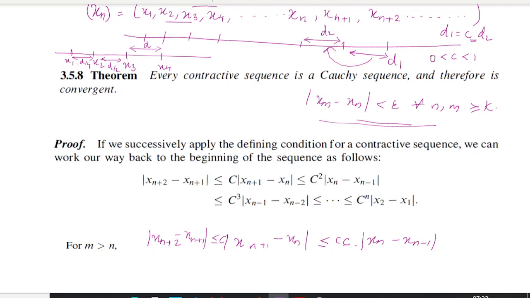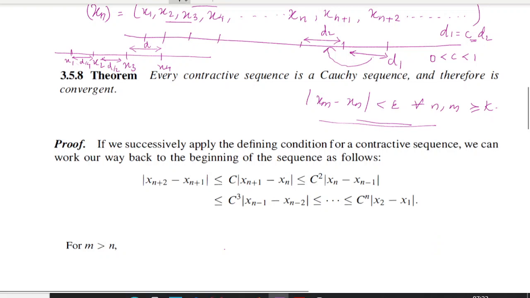Now suppose I apply this condition repeatedly. Then I get the next term, c cubed times modulus of xn minus 1 minus xn minus 2.